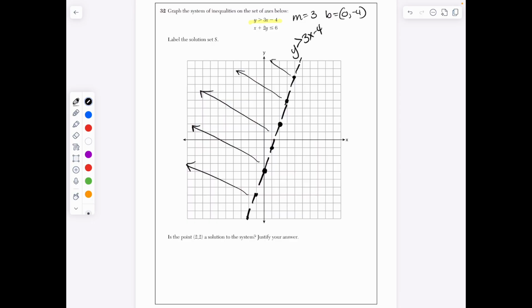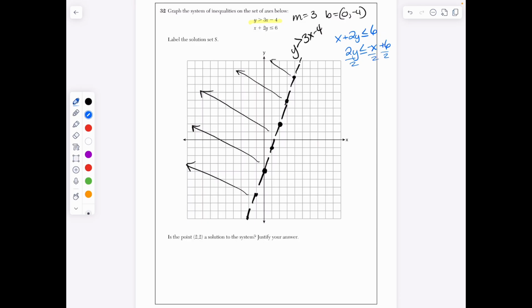Okay, so the second one, and I'm going to do it in a totally different color. Here's my problem with the second one. It's not written in an easy form for me, so let's rewrite that. I have x plus 2y is less than or equal to 6. So I'm going to move the x over to get 2y is less than or equal to negative x plus 6. And now I have to divide everything by 2.